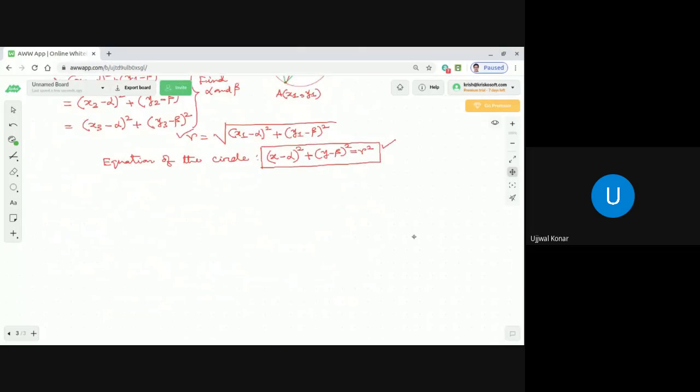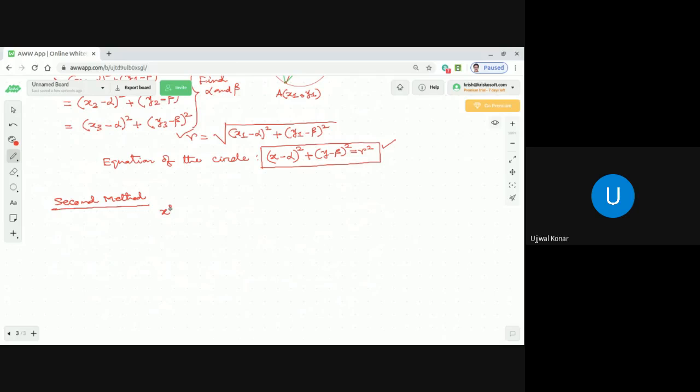In the second method, let us take the general equation of the circle. In the second method, let us consider what the general equation of the circle is.